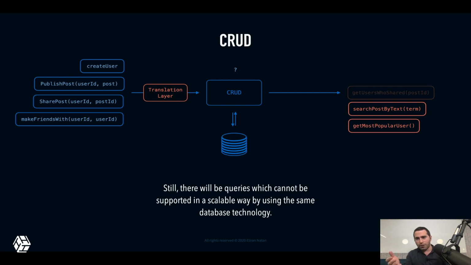But to support something like graph queries, you would probably want a database that is graph oriented, like Neo4j, for example. But the fact that you have only one data model and only one single underlying technology is limiting you. So you have to compromise on the scalability and performance of one of your queries. You would always have to do this compromising.